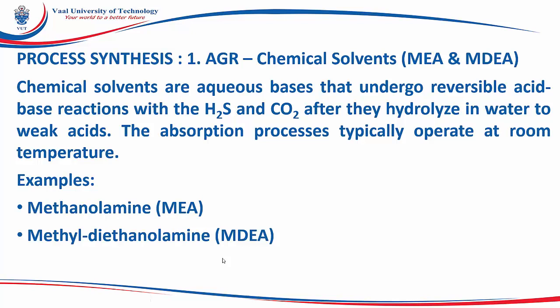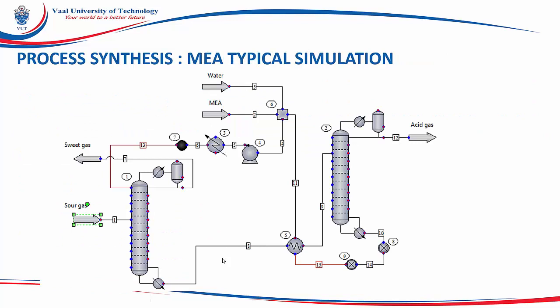Examples of those are using MEA and then MDEA. A typical simulation of MEA on ChemCAD looks like this. As you can see, it's not a very simple simulation. It has pumps, compressors, heat exchangers.